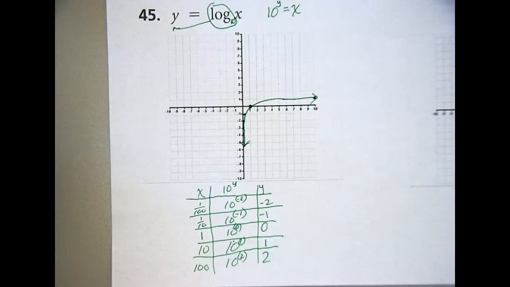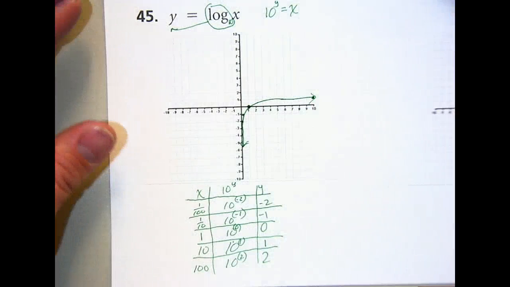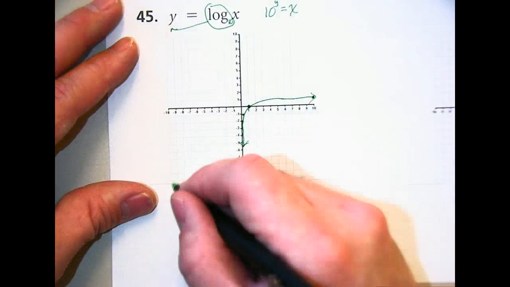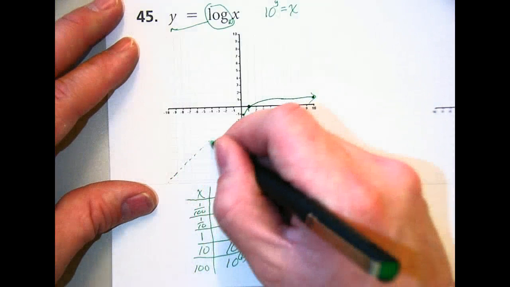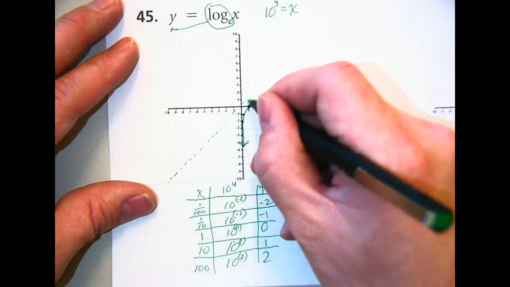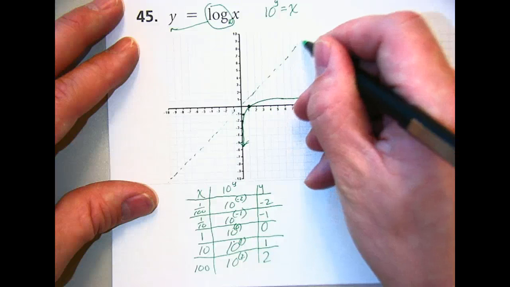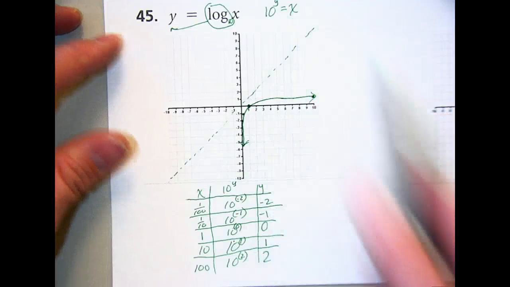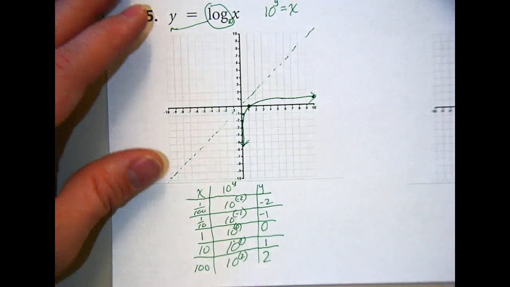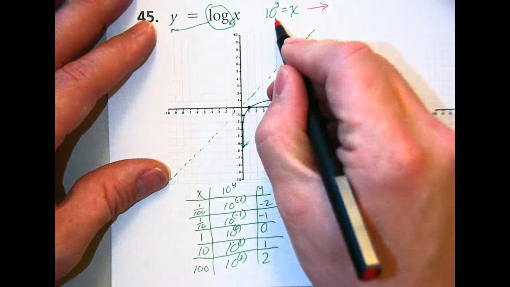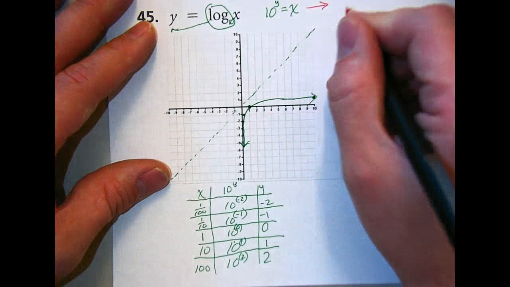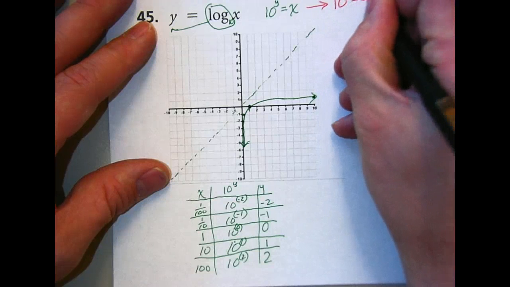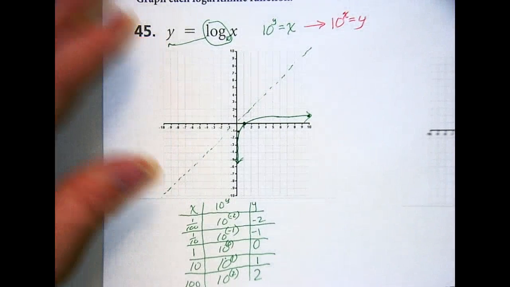Now remember, like I said earlier, this is the inverse of an exponential function. Remember, an inverse is a reflection over this line right here. Now this is not part of this problem. We finished the problem. But just to expand it so you can relate it to what you already know, that is an inverse of, I'd have to switch those values around, right? So if I find the inverse of it, I would now have 10 to the x equals y. Inverse is you just switch x and y's, remember? 10 to the x equals y. That's the inverse.